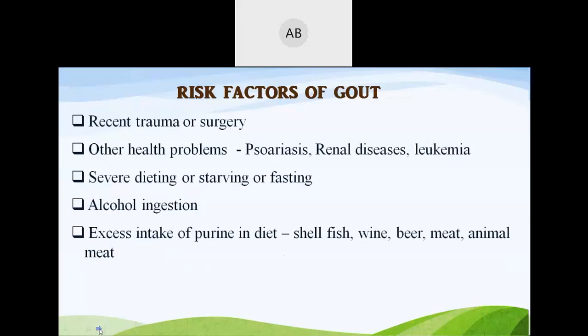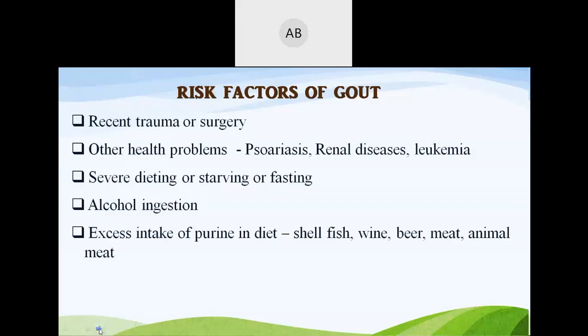Then if you have had any recent trauma or injury or surgery, that time also there is an increased risk of gout. Along with that, if you have any associated health conditions like psoriasis, leukemia, that is blood cancer, or any renal diseases where your body is not able to excrete the uric acid, all this will usually result in gout.